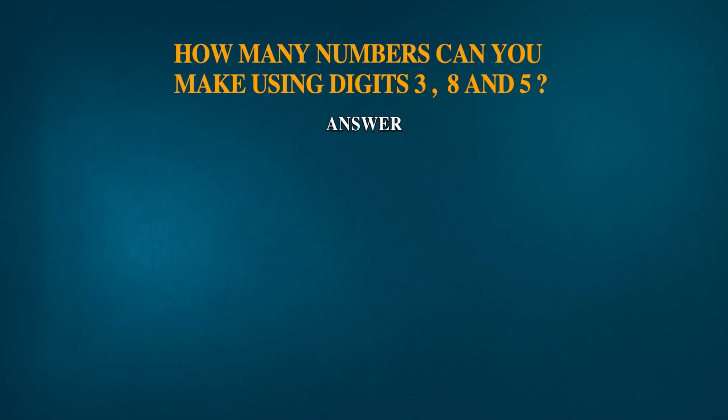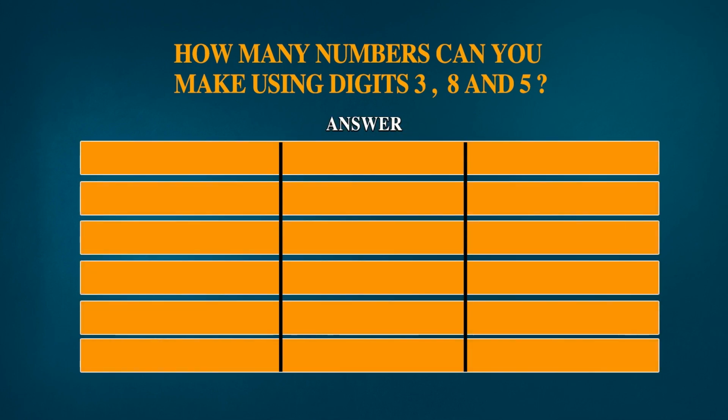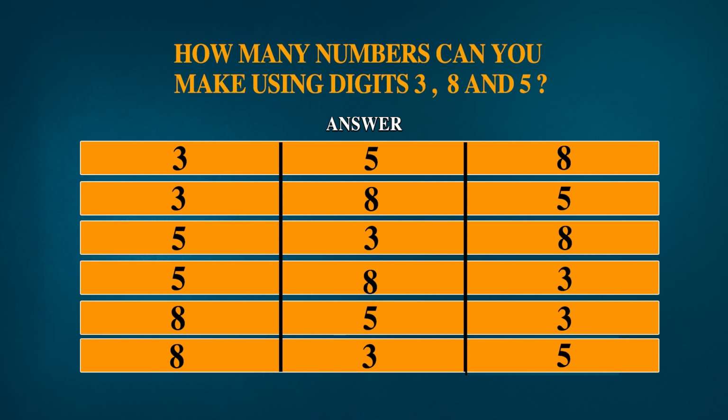Let us try to write the numbers. First, we will keep the leftmost digit fixed as 3 and arrange the other two digits, that is 5 and 8. First number will be 358 and second will be 385 after exchanging the places of 5 and 8. Similarly, we will keep the leftmost digit fixed as 5 and arrange the other two digits, 3 and 8.